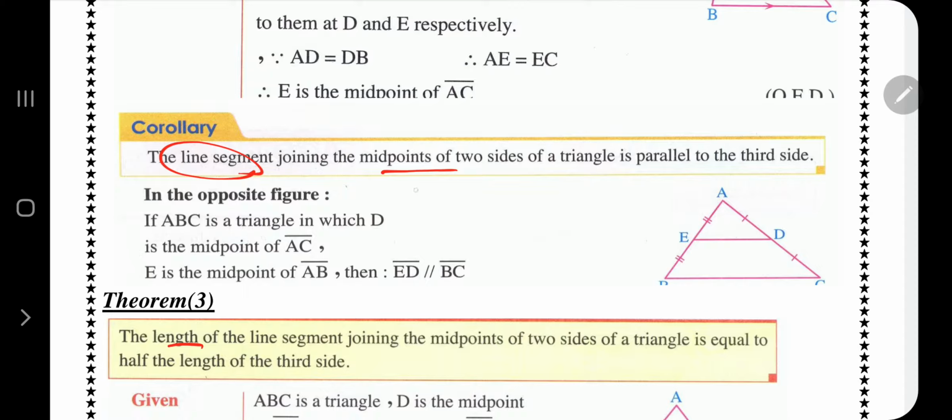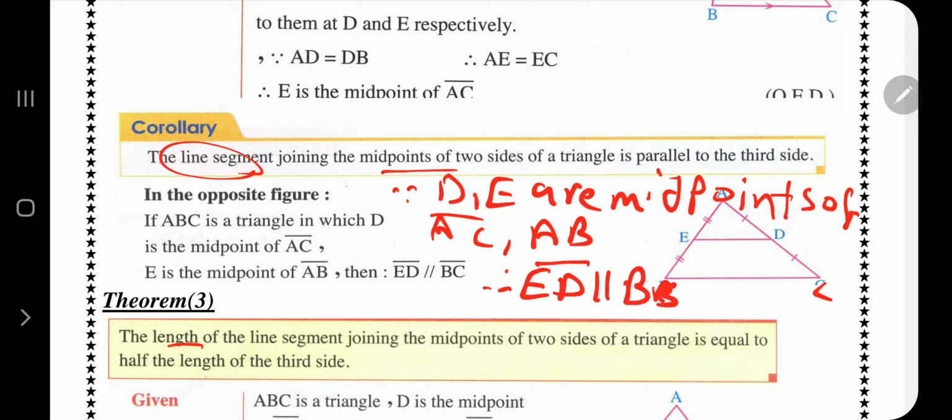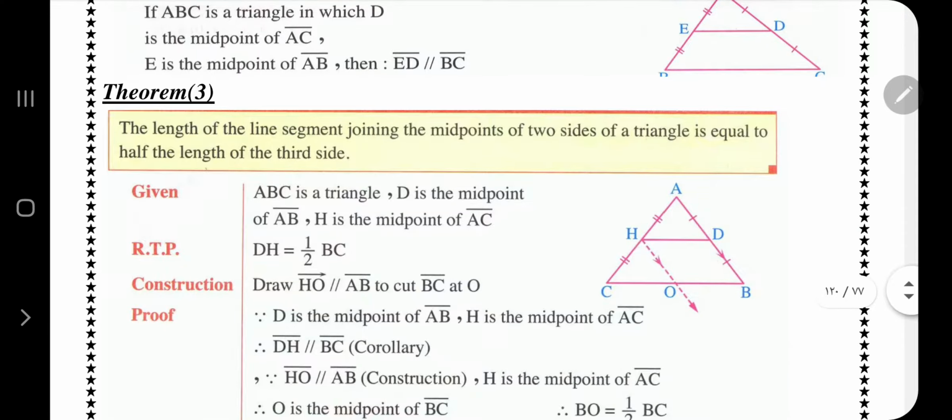I will write: since D and E are midpoints of AC and AB, then ED is parallel to BC. What about theorem 3? Theorem 3 talks about the length.